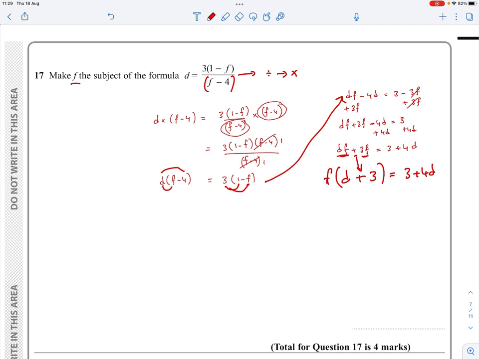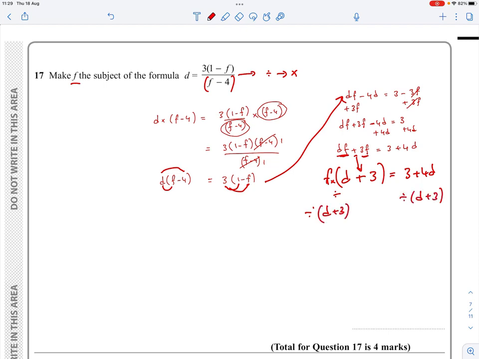As you can see, between f and the bracket, there's a multiplication operation. So to get rid of everything in the bracket to the other side, I need the inverse of multiplication, which is divide. So what I'm going to do is divide both sides by d plus 3.